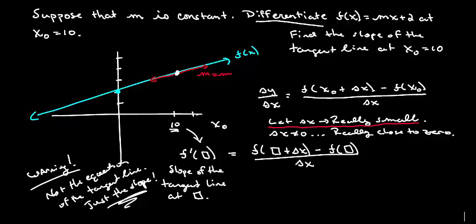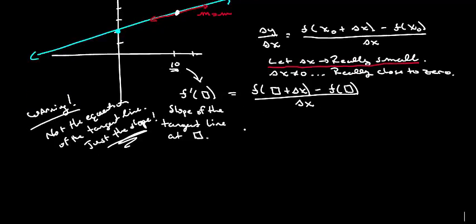Some texts use just x, some texts use a, some texts use all different variables. I don't want you to get hung up on the notation. What I want you to realize is that whatever you plug in here goes here in this spot and goes here in this spot. So let's compute this. We have our function, f of x is equal to mx plus 2, and our something is equal to 10, because in our case, we're using x naught.